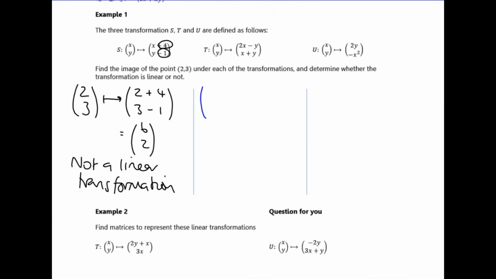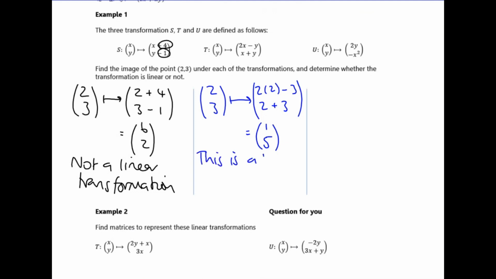For the second one, mapping 2, 3 onto a new point, I do 2 times 2 minus 3, and then 2 plus 3. That maps it onto 1, 5. This one is a linear transformation because it is in that form ax plus by and cx plus dy. So this is fine.